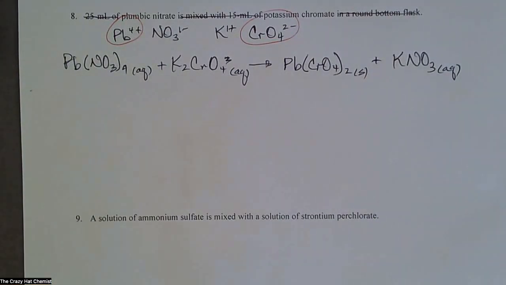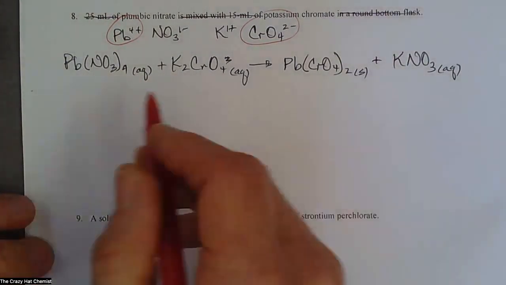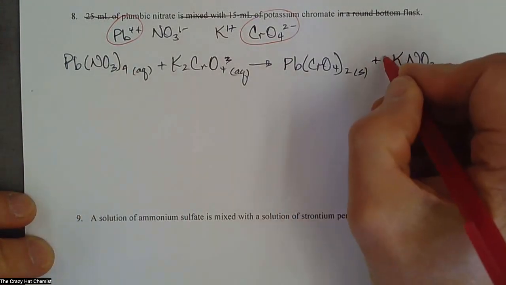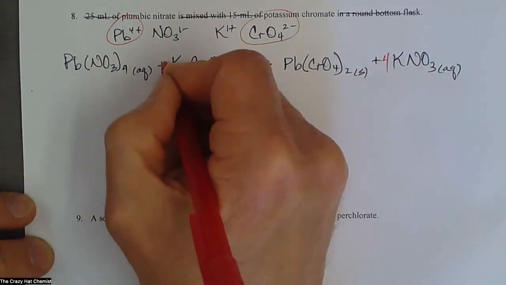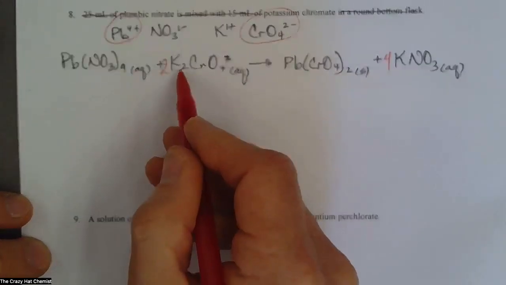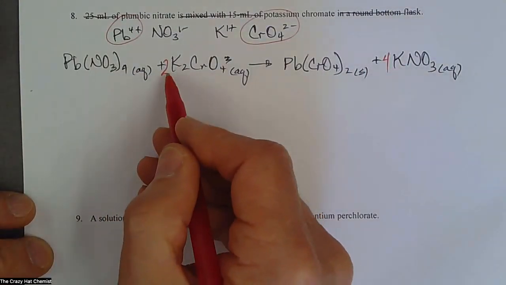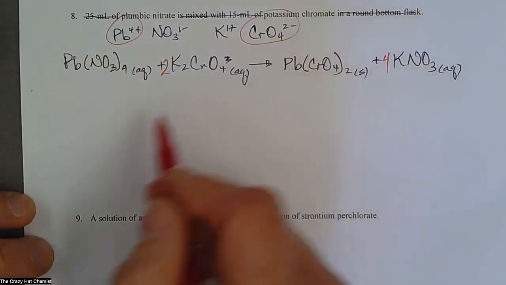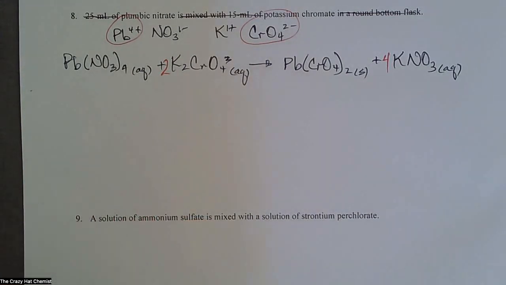So that's looking good. Now we're going to balance this. We got 4 nitrates, so 4 nitrates over there, 4 potassiums, now 4 potassiums, and then that's looking balanced there to me.